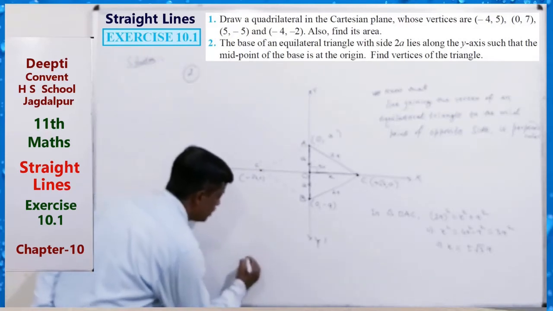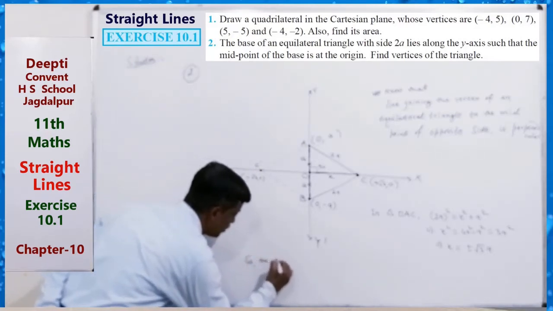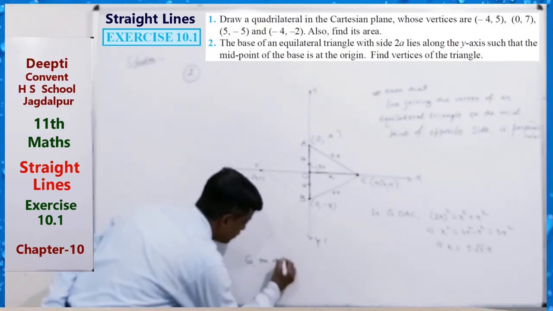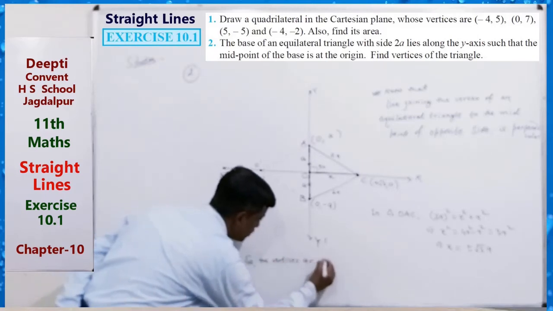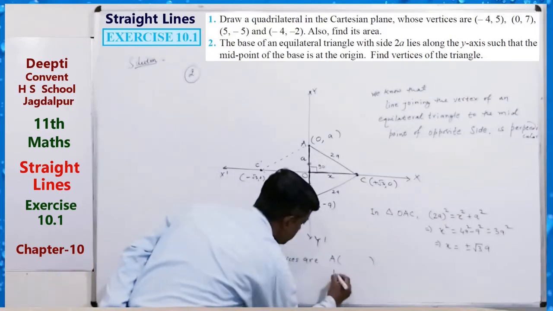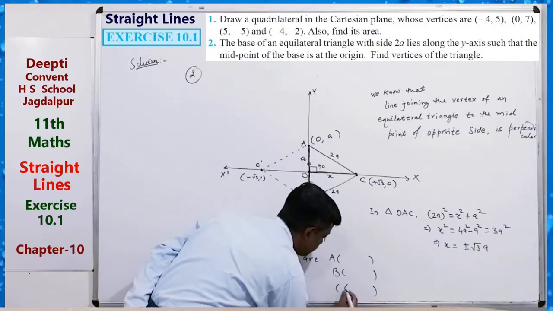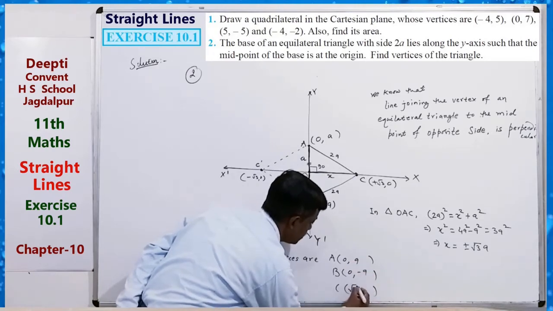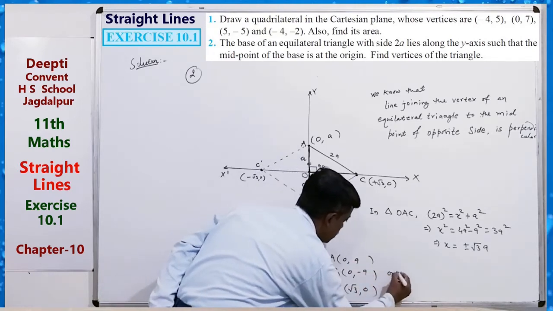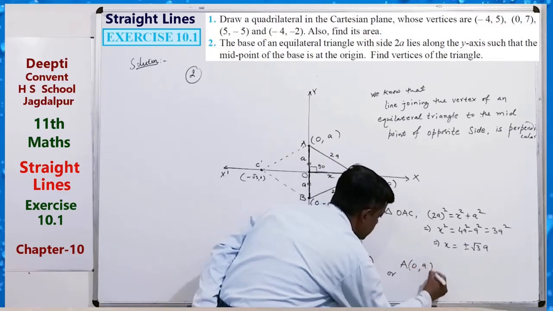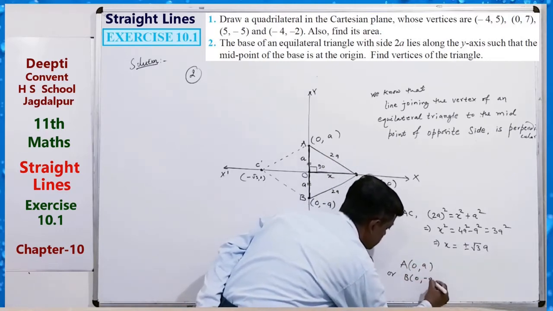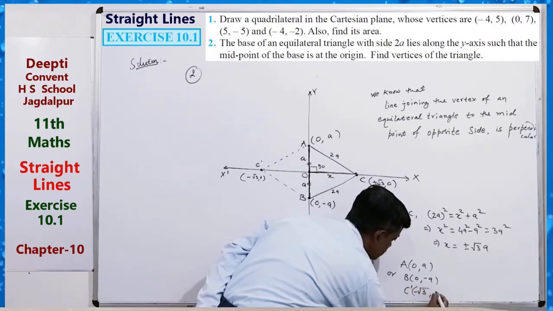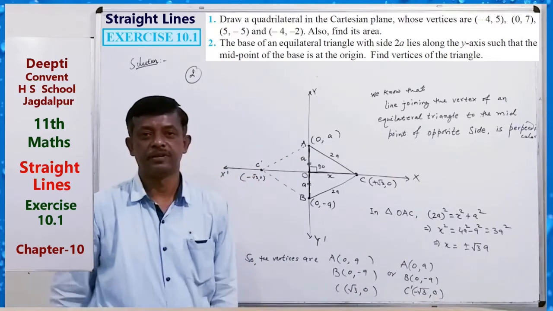So the vertices are A, B, C: 0, a; 0, minus a; root 3 a, 0; or 0, a; 0, minus a; C dash, minus root 3 a, 0. Okay, these are the vertices.